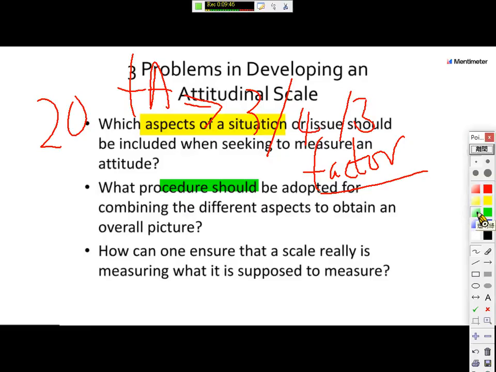How can one ensure that a scale really is measuring what it is supposed to measure? Just like the teacher's evaluation, right? Can we really make sure that the final score really reflects a teacher's teaching performance?